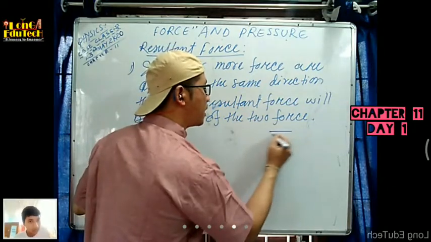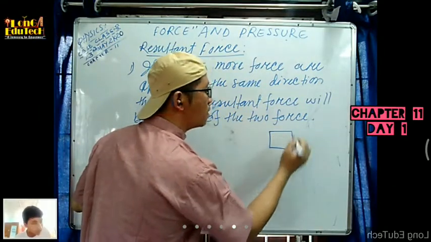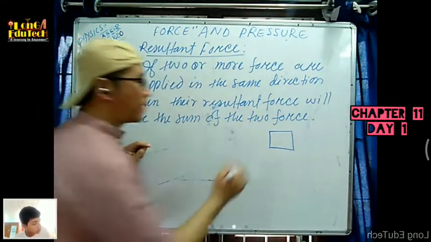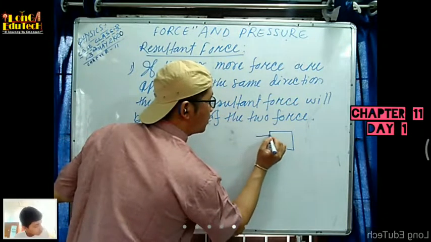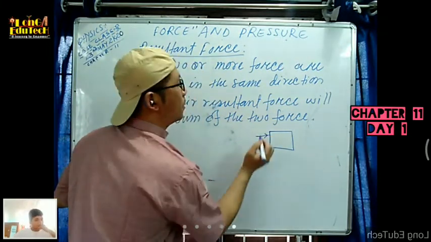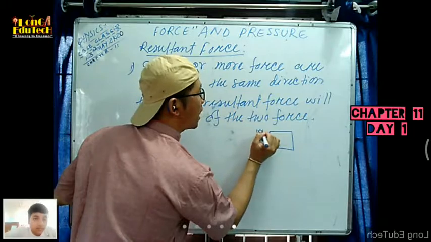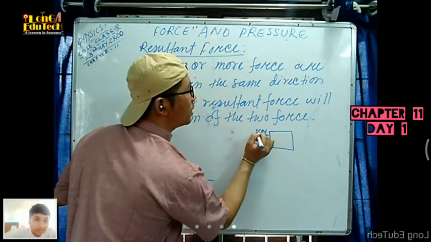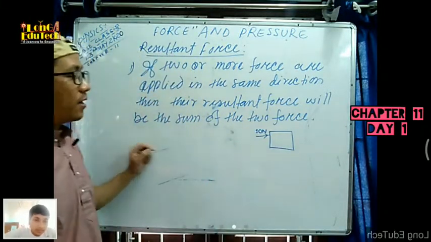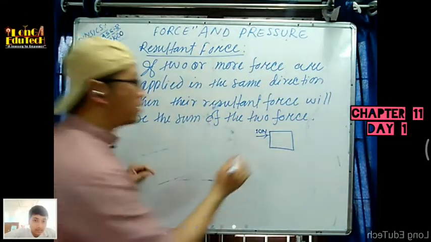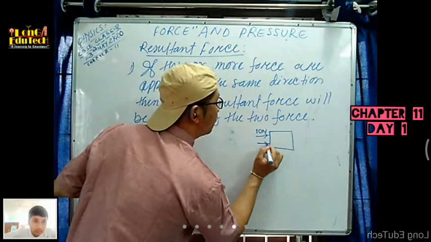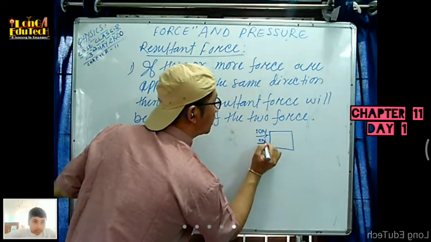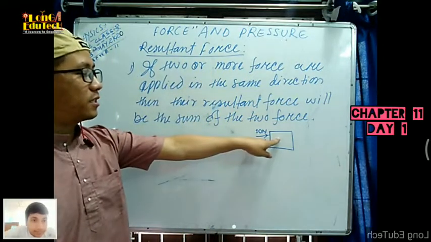Suppose this is an object, and one is Devendra Parikh. He gives a force of 10 Newton. The unit is the Newton. Devendra Parikh gives a force of 10 Newton, and Alan gives a force of 5 Newton to this desk.